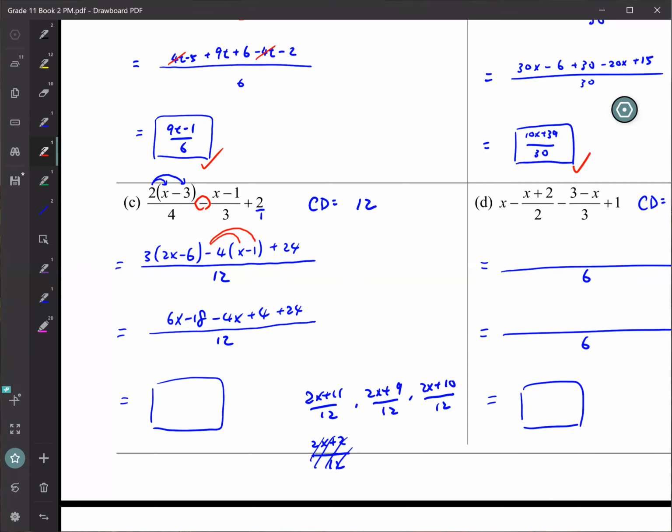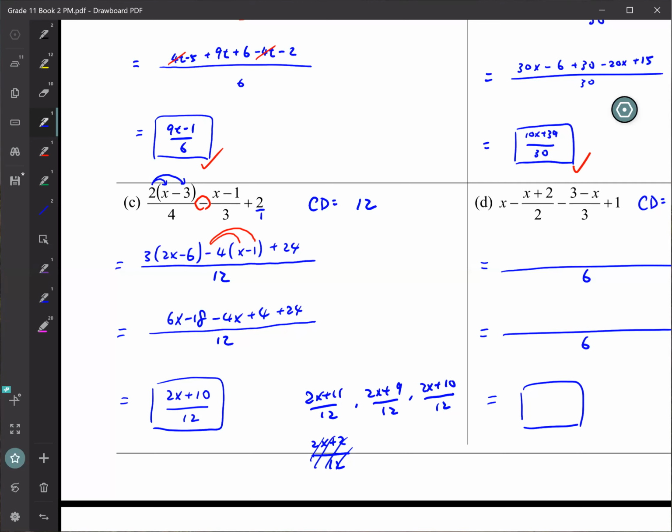Okay, so let's combine, all right? 6x minus 4x, that part everyone agrees, that's 2x. -18 plus 4, that's -14, right? -14 plus 24 should be 10 over 12. But this is not the final answer.